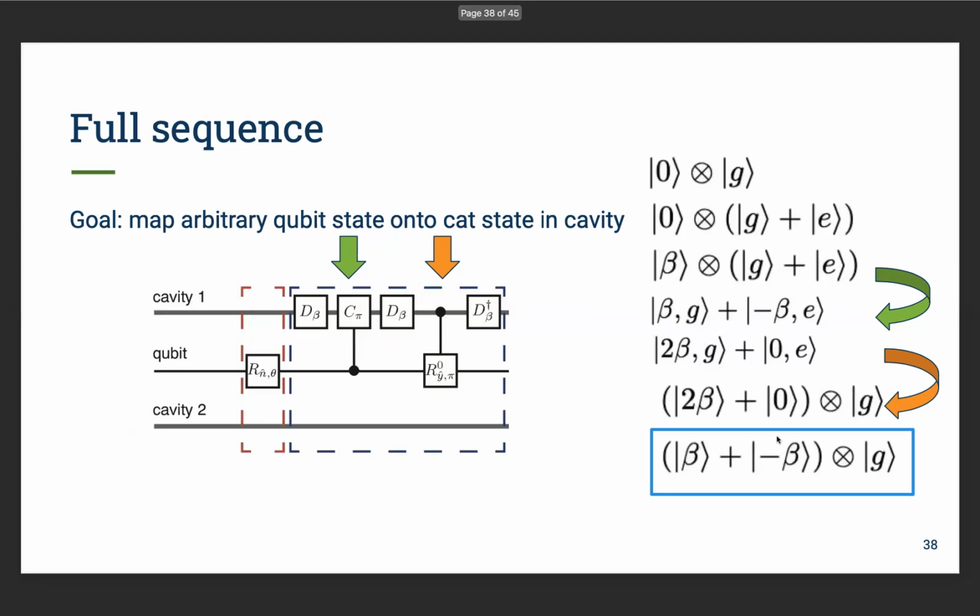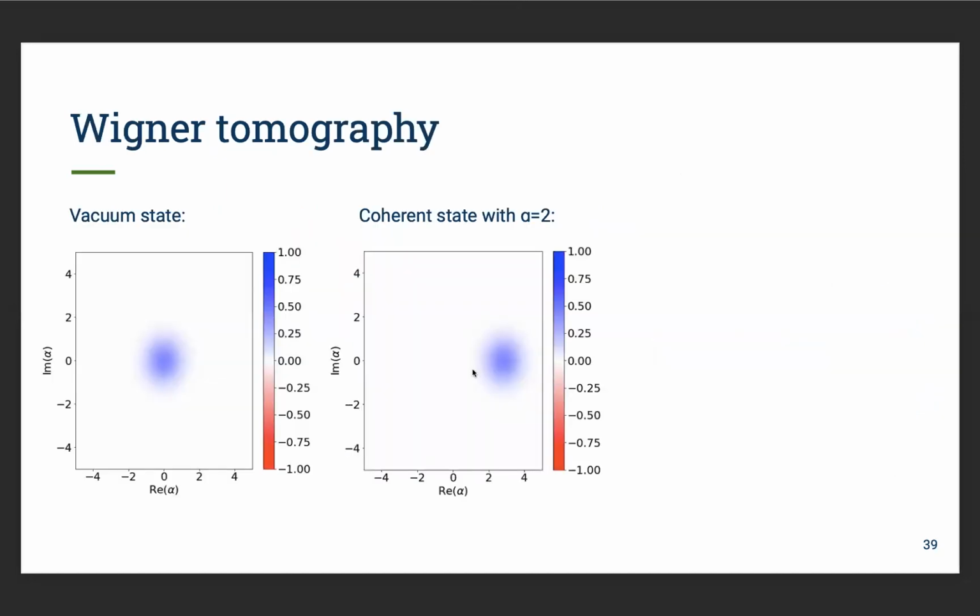Okay, so now that we have our cat state, which was our goal, how can we actually measure this? To do this, we need to do something called Wigner tomography. These are just two plots I made with Q-tip to give an example of what Wigner tomography is. Here, this is the imaginary part of alpha, where alpha was the parameter for a coherent state, and the real part of alpha.